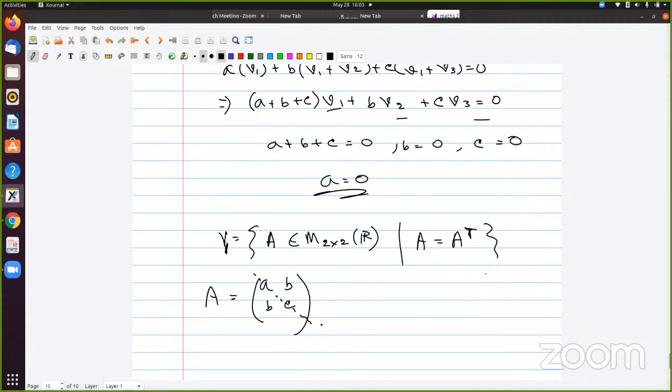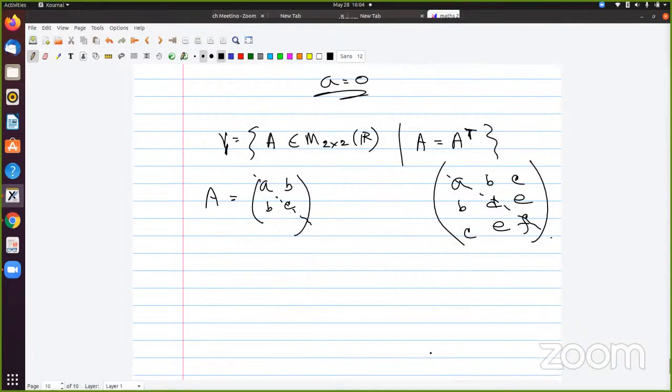For 3 cross 3, it will be like this, with B, C, D, E, and again symmetric along the diagonal. We are interested in 2 cross 2 now, so this is the general form of the matrix.